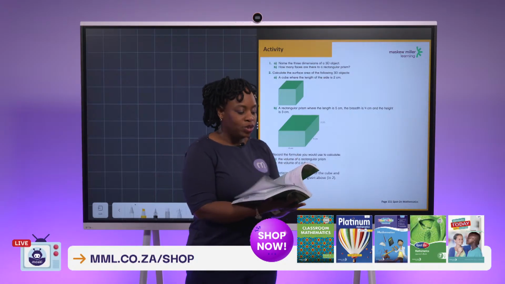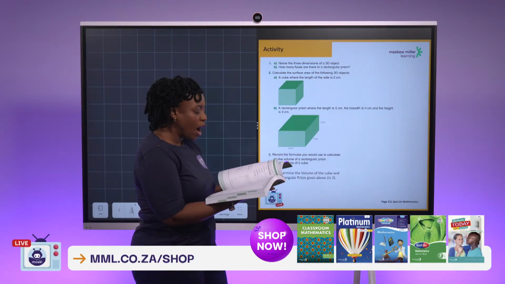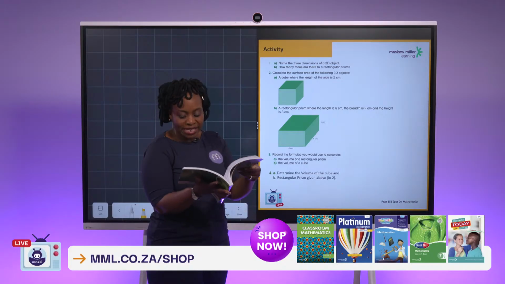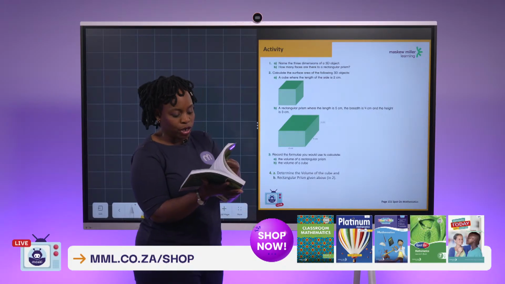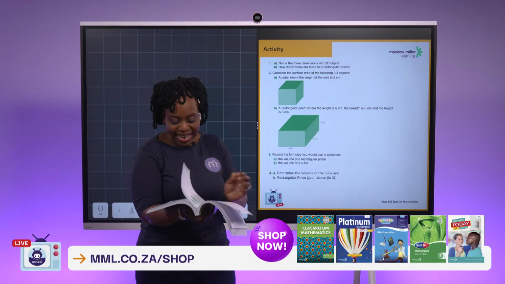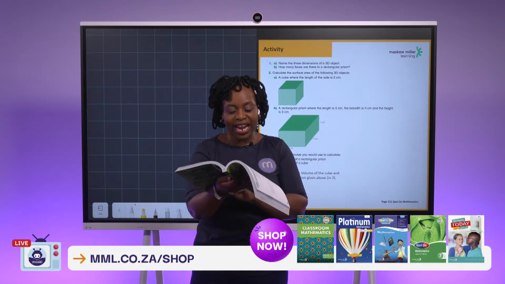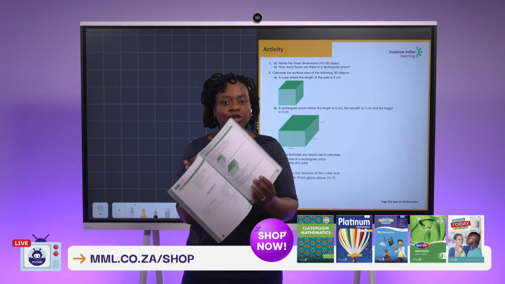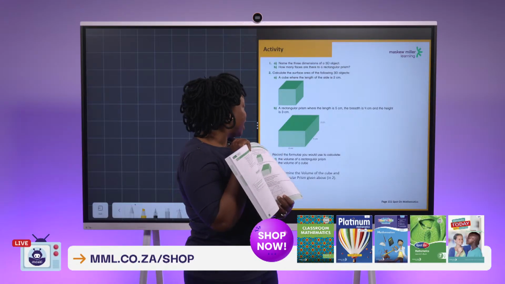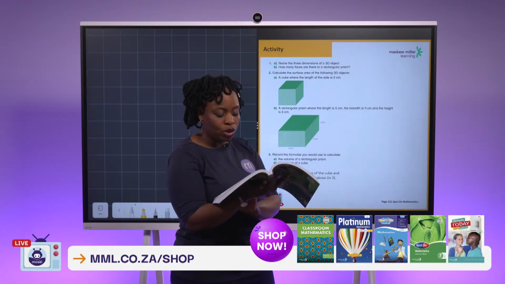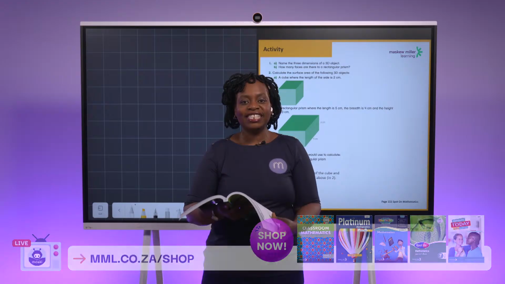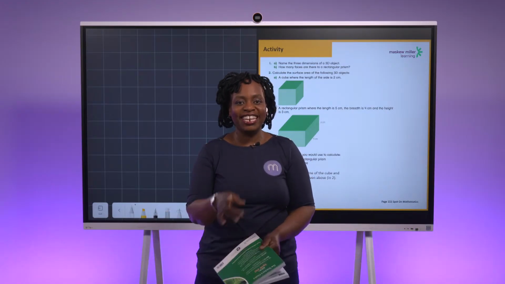If you go into Spot On, page 151, you will see many of this kind of question. If you have it, please take it and let's work this out together. I want you to try and write down the solutions to those questions, and then I will see you right after the break. Stay tuned.